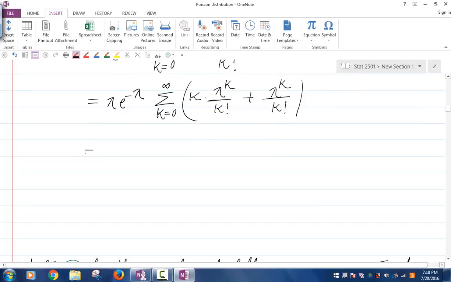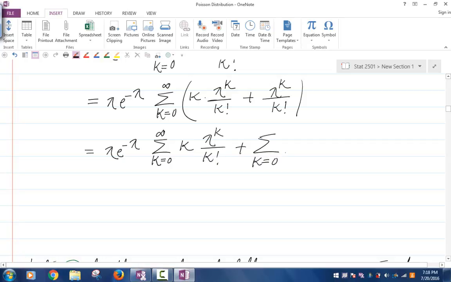This would be equal to lambda times e to the minus lambda, in curly braces, the summation k going from 0 to infinity, k times lambda to the k over k factorial, plus the summation k going from 0 to infinity, lambda to the k over k factorial.